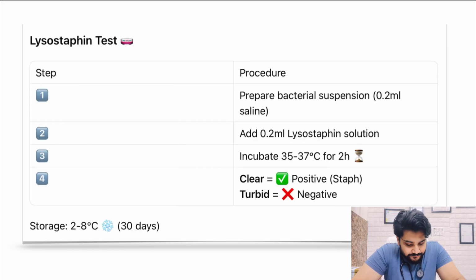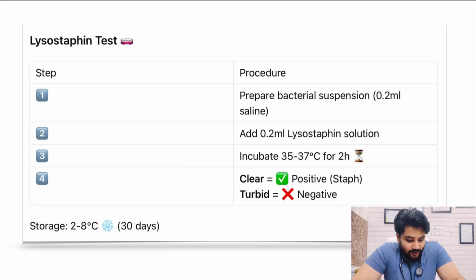This is the procedure of lysostaphin: you produce the bacterial suspension, add 0.2 ml of lysostaphin solution, then incubate at 35 to 37 degrees centigrade for 2 hours. The bacterial suspension containing Staphylococcus aureus will lose its turbidity and the whole solution will become clear. So this is your lysostaphin test.